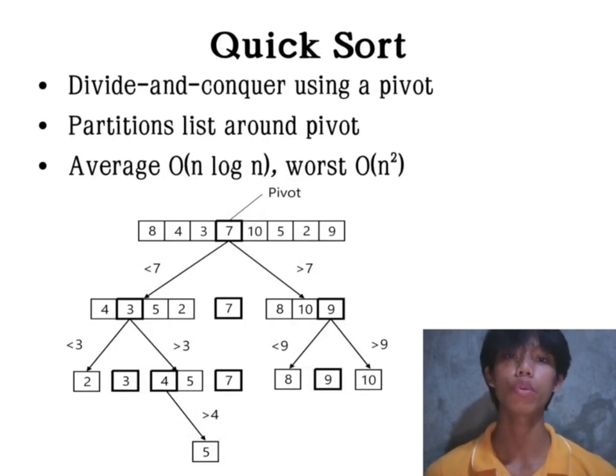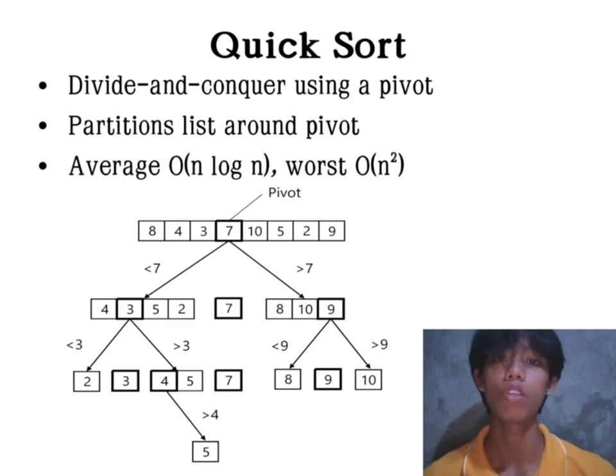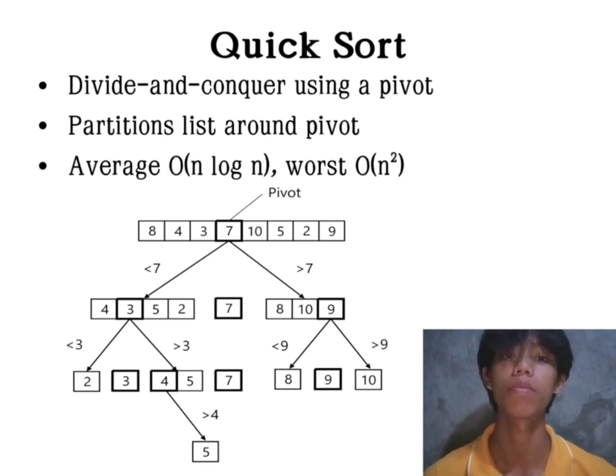Next we have quicksort. Quicksort is also one of the fastest sorting algorithms, and it works using a smart strategy called divide and conquer. First, we pick a number from the list. This number is called the pivot, which is a number that helps to split the list.